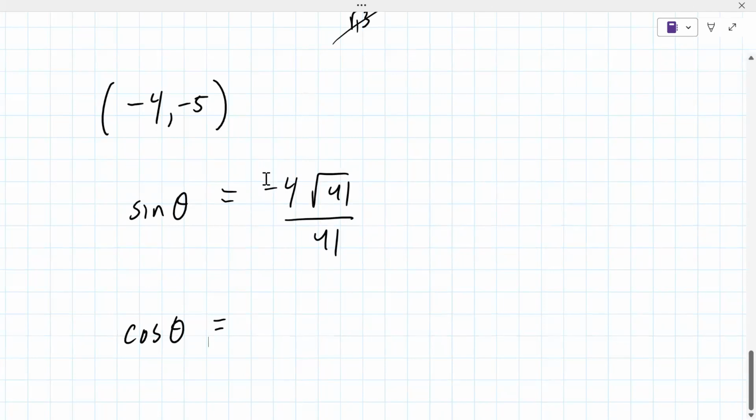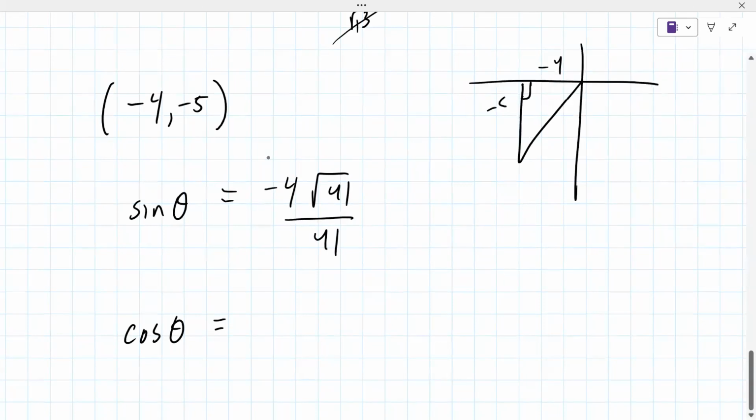Sorry, no. I allowed you to talk me into that. So this one's in fourth quadrant, right? Third. For third, sorry. You're right, third. And so this is root 41. Sine is opposite over hypotenuse. This should be -5.